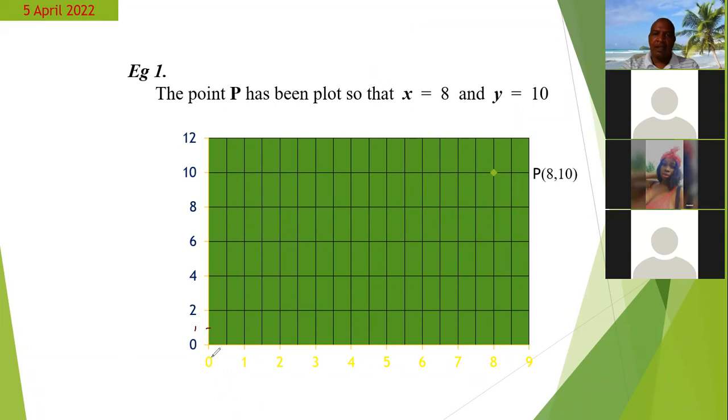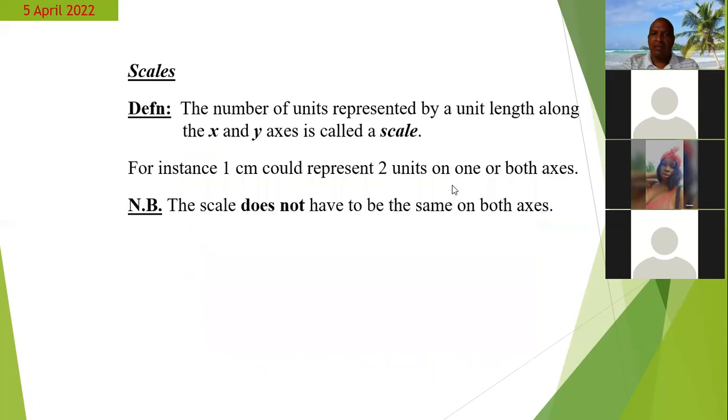So in that case, we know that our scale here would be 1 unit length, or 1 interval length, gives you 2 units on the y-axis. All right, so going back to what we're saying. For instance, 1 centimeter could represent 2 units on one or both axes.